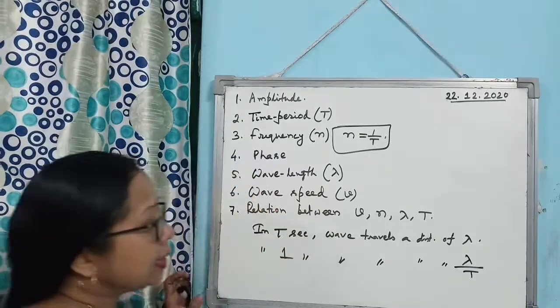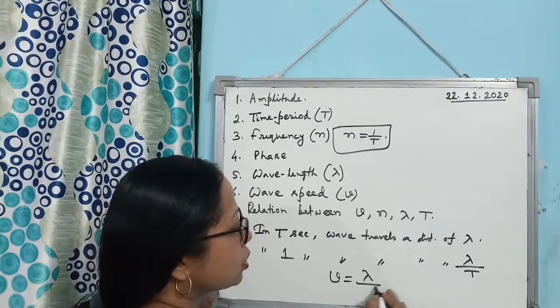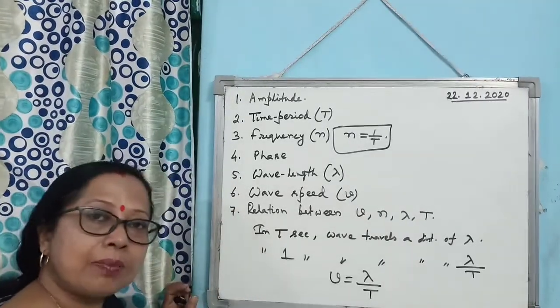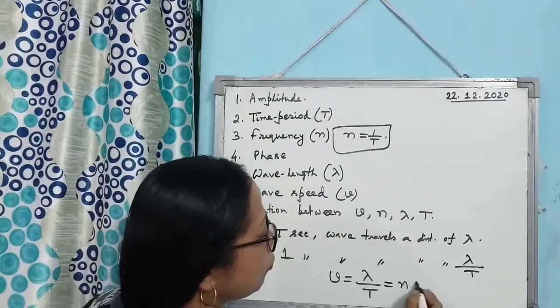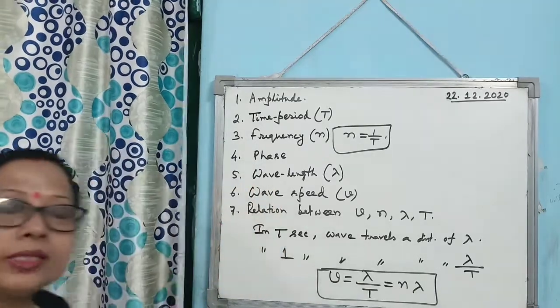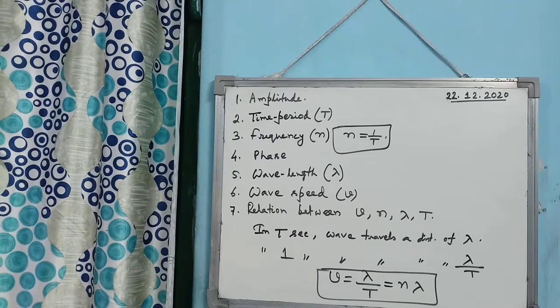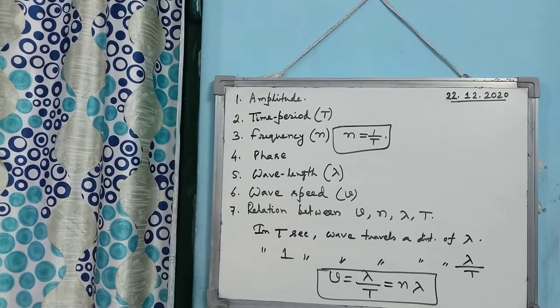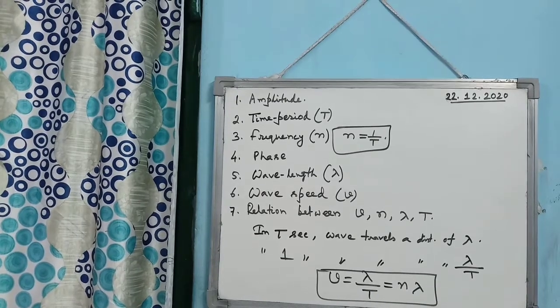Lambda by t. Now distance travelled in 1 second is known as the velocity. So V is equal to lambda by t. Again 1 upon t is equal to n. So you can write V is equal to n into lambda. n is the frequency of the wave and lambda is the wavelength of the wave. So these are the few important terms related with wave motion and their relations also.